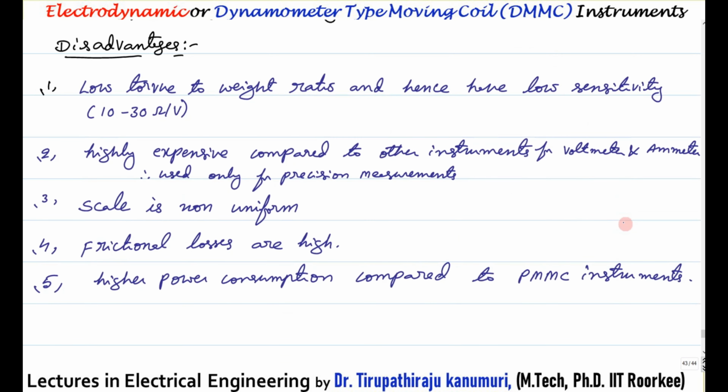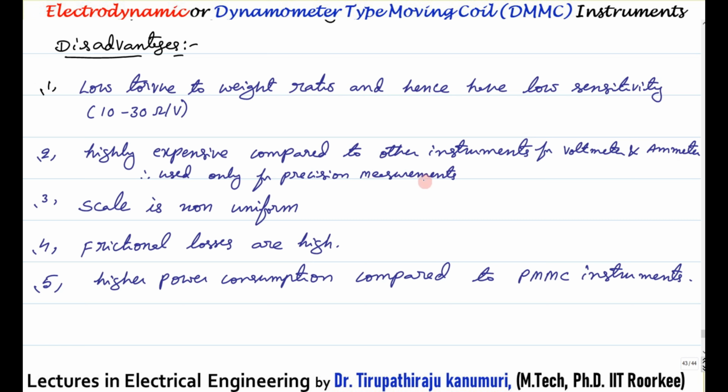Coming to the disadvantages, there is a low torque to weight ratio, because the operating flux field is very small, so automatically the torque is less in this case. Hence they have low sensitivity, between 10 to 30 ohms per volt, and are highly expensive compared to other instruments for voltmeter and ammeter, therefore used only for precision measurements.